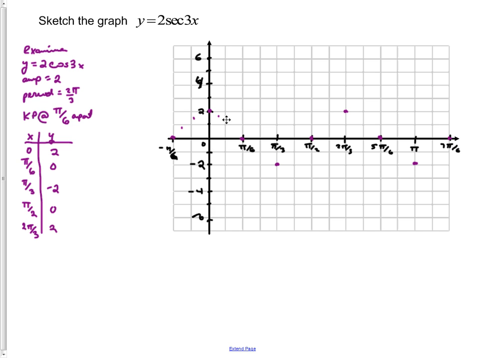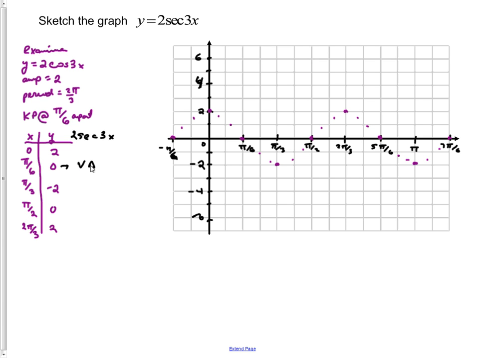I don't really even need to graph in the entire cosine function to follow the bouncing balls, as it were. What I could do is just say, where will my vertical asymptotes occur? I know that if I'm talking about the secant function, 2 secant of 3x, my vertical asymptotes are going to occur everywhere where 2 cosine of 3x was equal to 0.